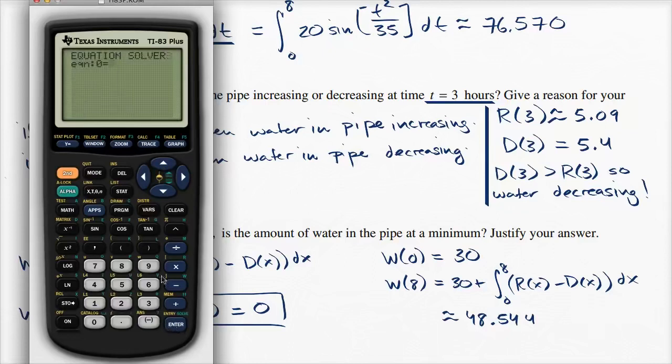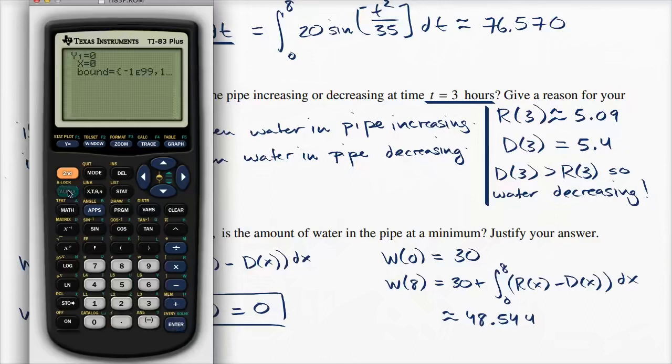So I go to the solver, and I say the equation 0 equals, and now I can just go to y1. So go to my y variables function. I select y1. So my equation is 0 equals y1, and I press enter. And now I can put an initial guess for what x value is going to solve that equation. It's really a t value, but I'm using x as a variable here.